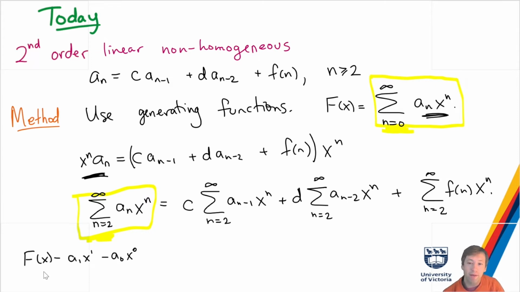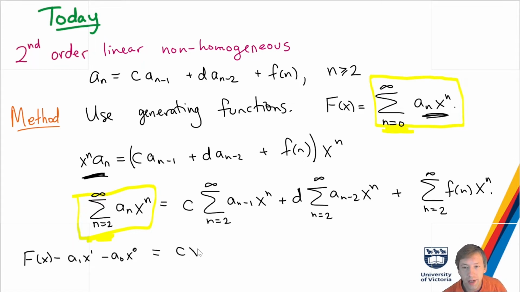So this should be F(x) minus the term n equals 1 and the term n equals 0. And then this sum here is also pretty much the same as F(x), except there's a term that's missing, and the n in the exponent is different than the n minus 1 here, but that can be fixed by just pulling out an x.